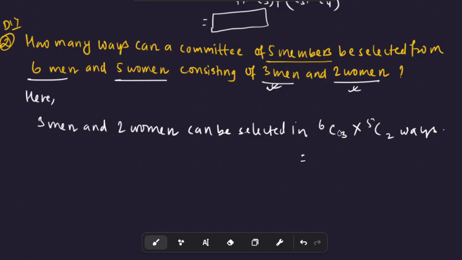Now how much will it be? 6C3 is 6 factorial over 6 minus 3 factorial times 3 factorial, times 5 factorial over 5 minus 2 factorial times 2 factorial.